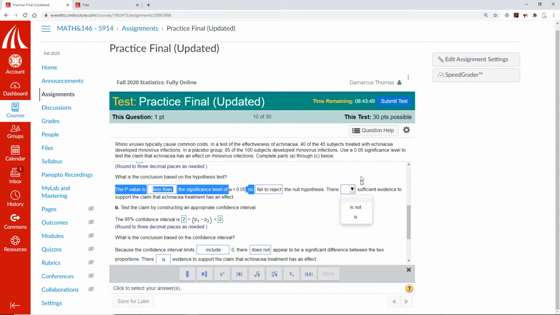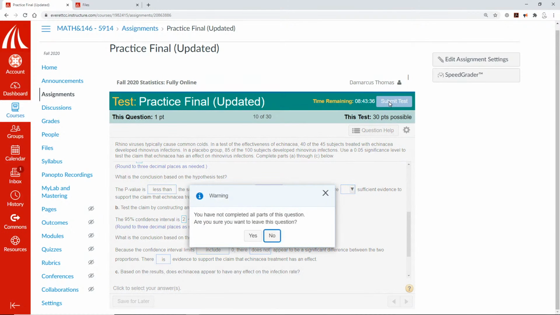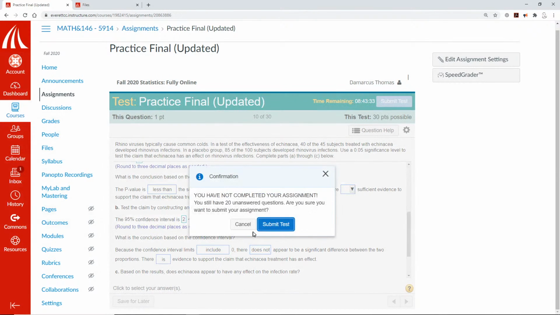What I could do is just submit my test, and then we can look over the rest of the questions at a little faster rate. So I'm going to hit submit.